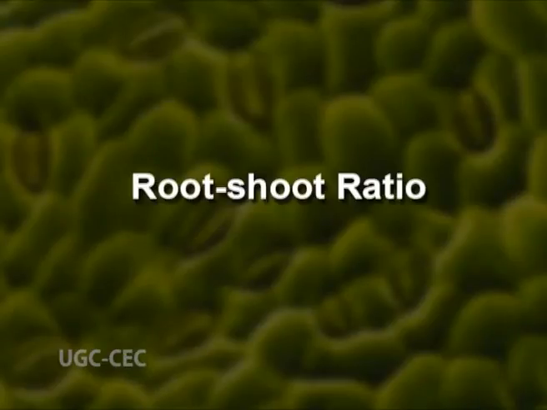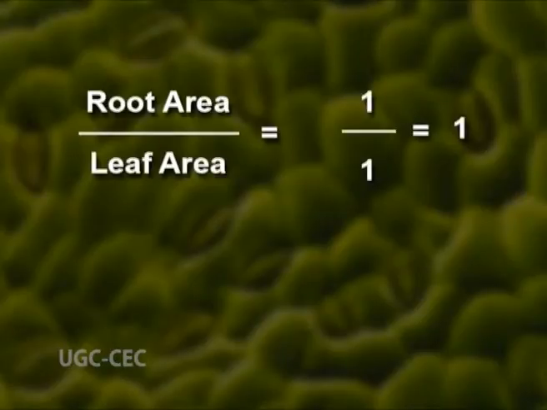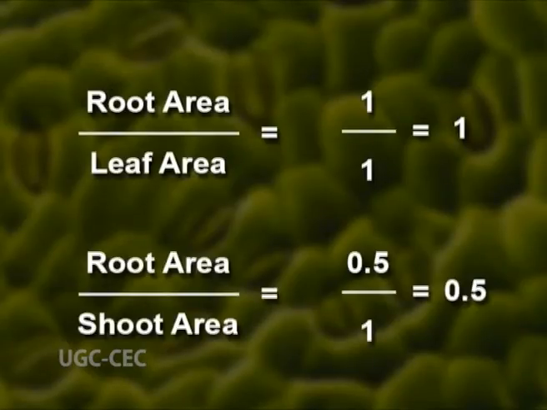Root-shoot ratio. All other plant factors and the outside environment being equally favorable, the rate of transpiration tends to increase with higher root-shoot ratio. For example, it is expected that a plant with a root-shoot value of 1, that is root area divided by leaf area equal to 1, will tend to transpire faster than another plant with a root to shoot ratio of 0.5.